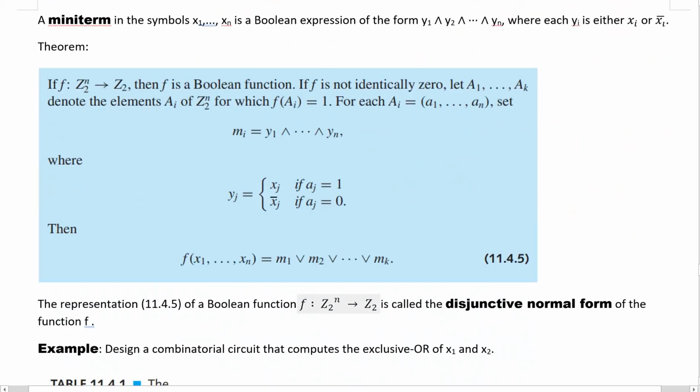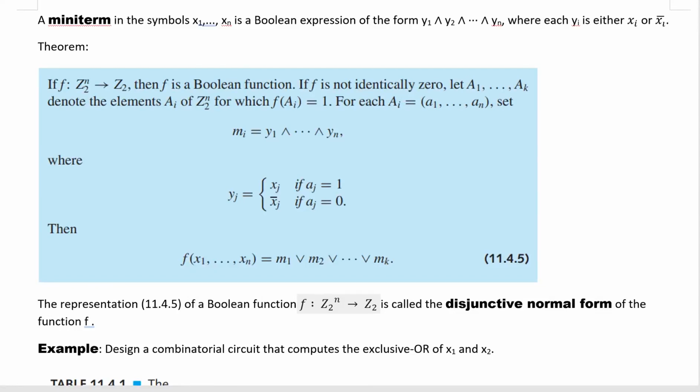Next, we have a theorem. If f from Z2^n, so this is a Cartesian product where we have n coordinates, maps to Z2, if f is a Boolean function that is not identically 0, we can let a1, ..., ak denote the elements ai of Z2^n for which f of ai is 1.